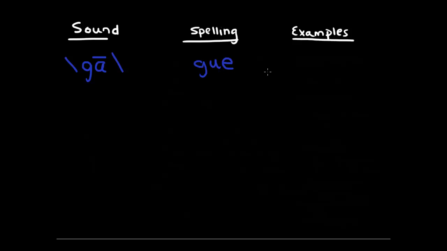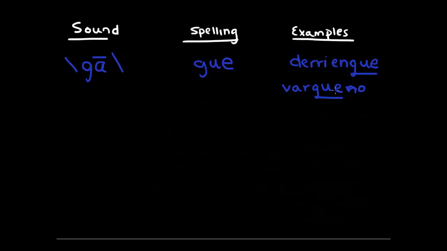So the gay is going to be spelled G-U-E at the beginnings, at the ends. Dariengue is an example at the end. Vargueño, which we just saw, is an example in the middle. So anytime you hear the G and A together to make the gay sound, you're going to have a G-U-E.